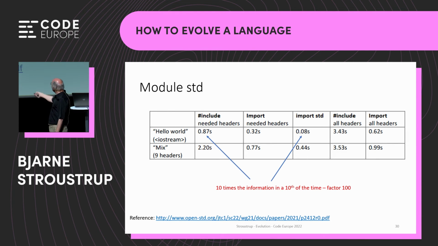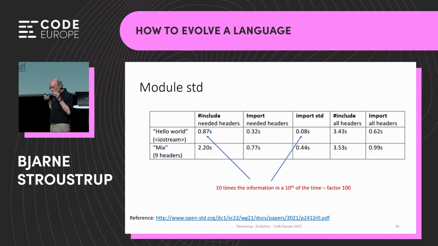And so I try including hello world, or import std. Here I take the needed header, which is just iostream, and I compile it, and it takes a fraction of a second. I try to do the same thing with import std, and it takes a tenth of the time.